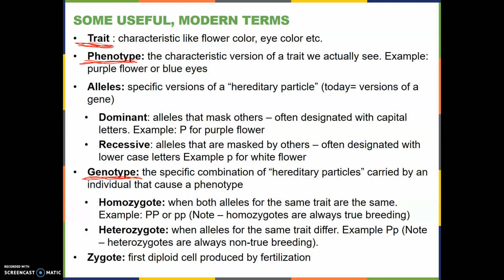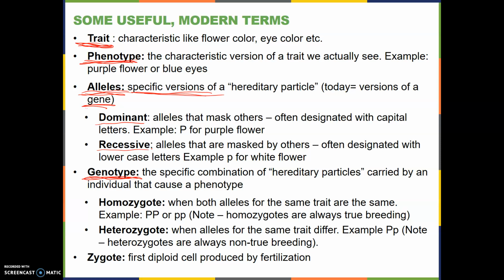But the F1 offspring had an allele for purple and another allele for white. So alleles, again, are the versions of a gene. An allele can be dominant or an allele can be recessive.